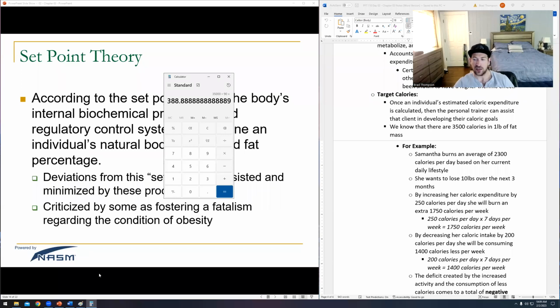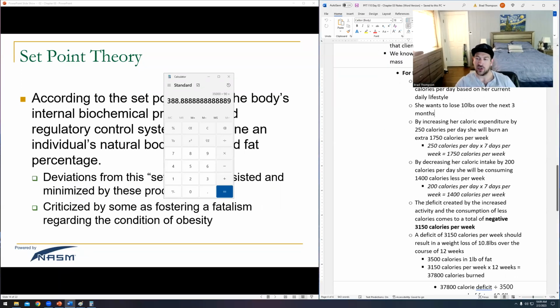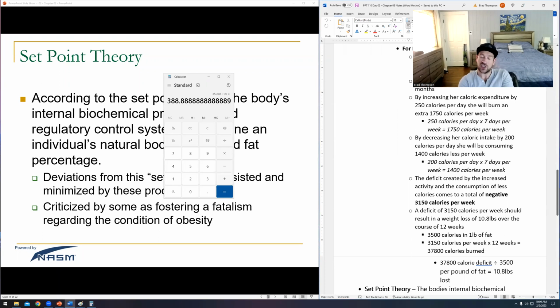So as her trainer, I'm going to say, all right, let's try to increase your caloric expenditure. Let's say she's been exercising already, but now I'm going to say, okay, that's great. In addition to what you've been doing, we can either make your workouts a little harder and get you to burn extra calories during those workouts.